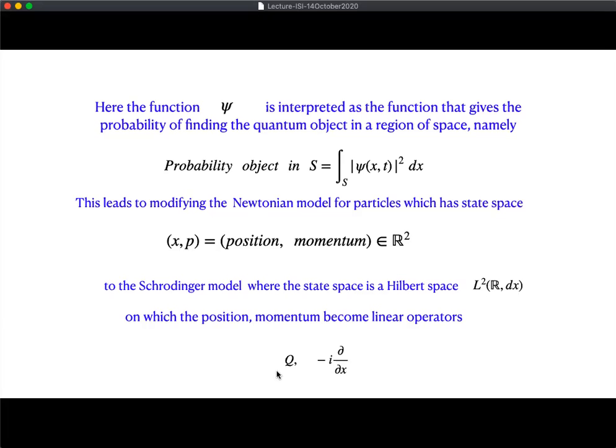In this case, it is two linear self-adjoint operators, namely Q and minus i d by dx. These are the two linear operators on this state space that give you the analog of position and momentum. Because these are linear operators, you need to interpret them in a certain way.